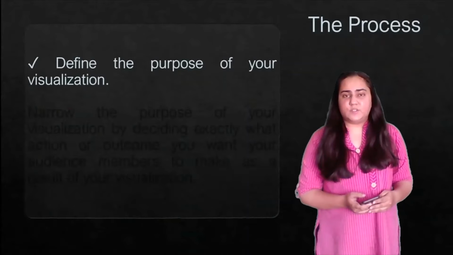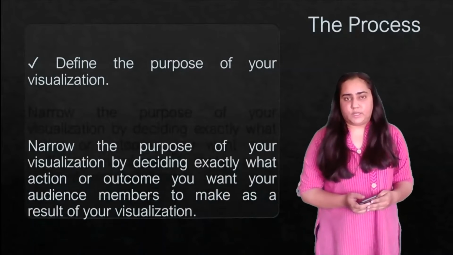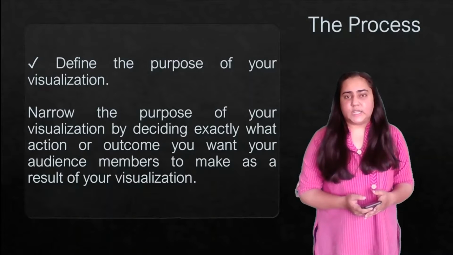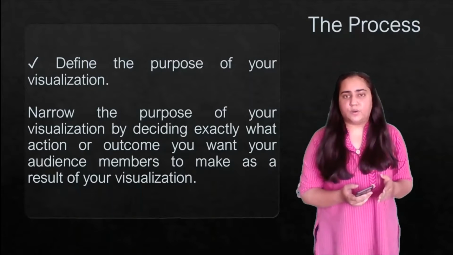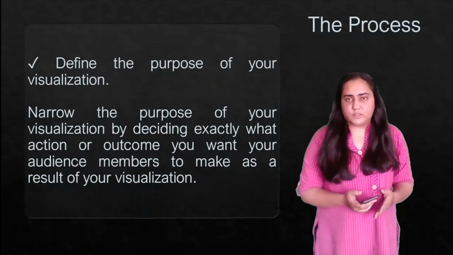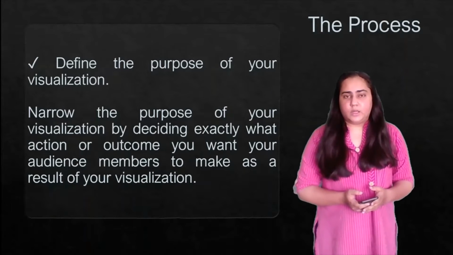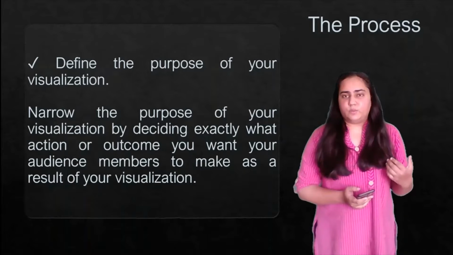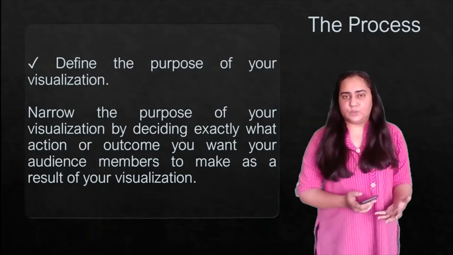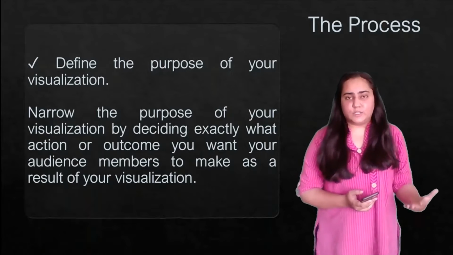The second thing is to define the purpose of your visualization. Narrow the purpose of your visualization by deciding exactly what action or outcome you want your audience members to make as a result of your visualization. So most of the time when we are designing something, we don't want our audiences to make their own decisions.